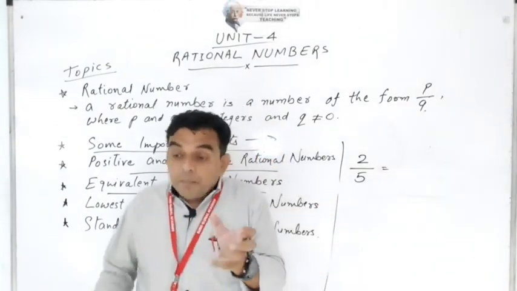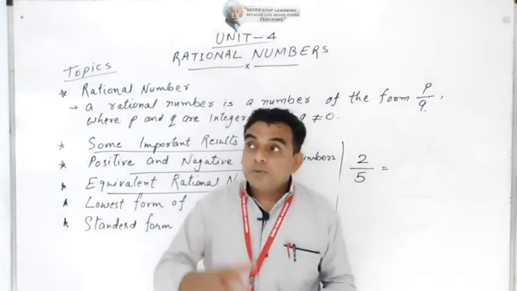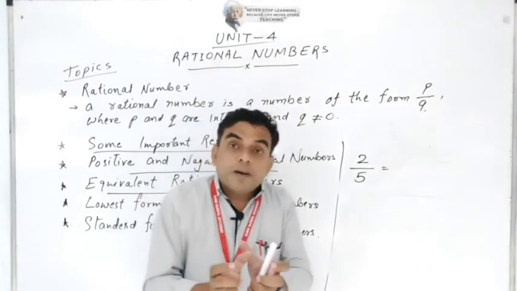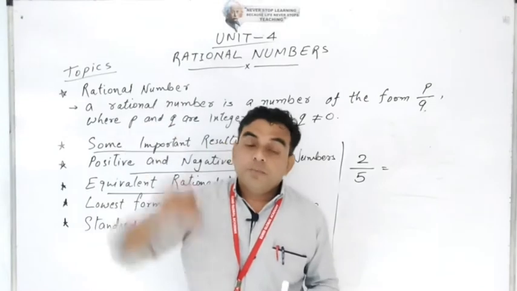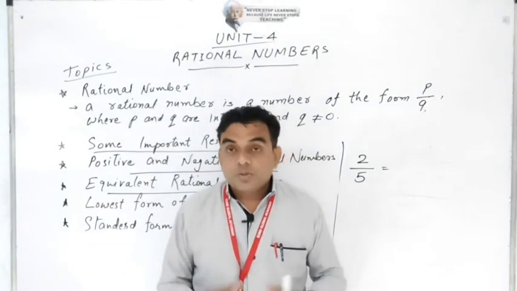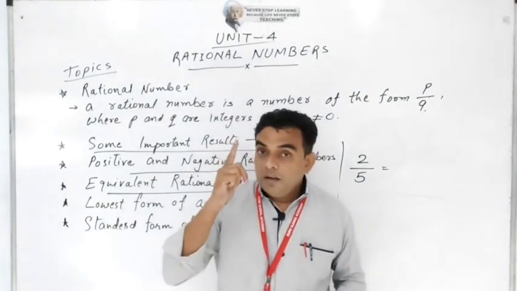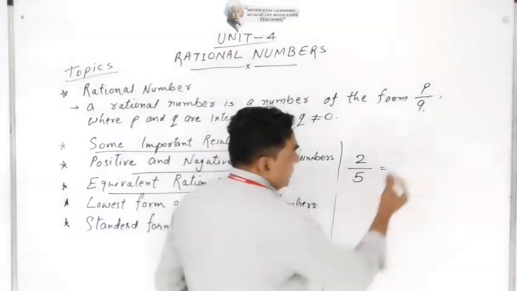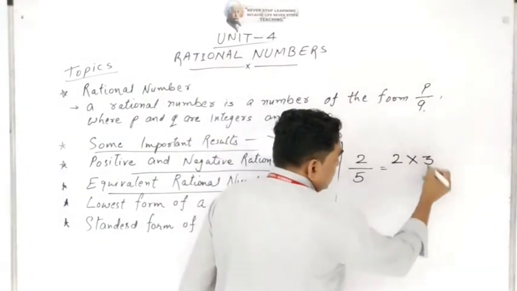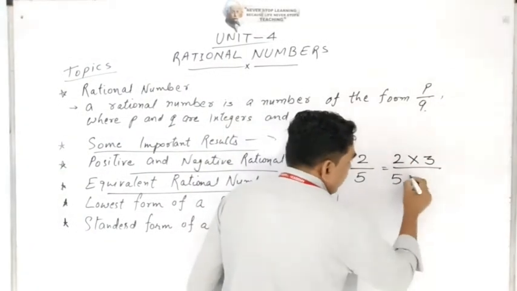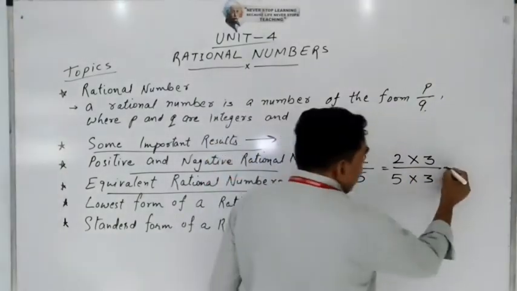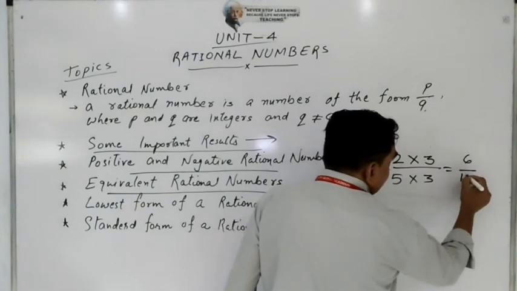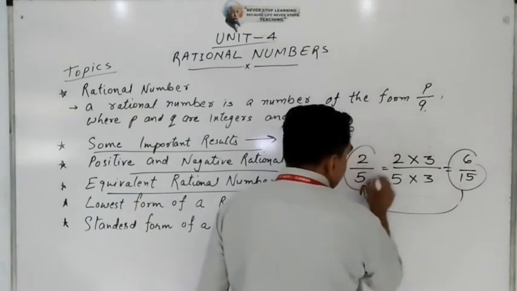If you want to do any operation, that means if you multiply the denominator by 3, you multiply the same with the numerator. It is the rule, students. We have already completed it in fractions. Now you can see here, suppose I multiply 2 by 3, then I have to multiply 5 by 3 also. Then I will get the answer. 2 3s are 6, 5 3s are 15. Students, both are the same.